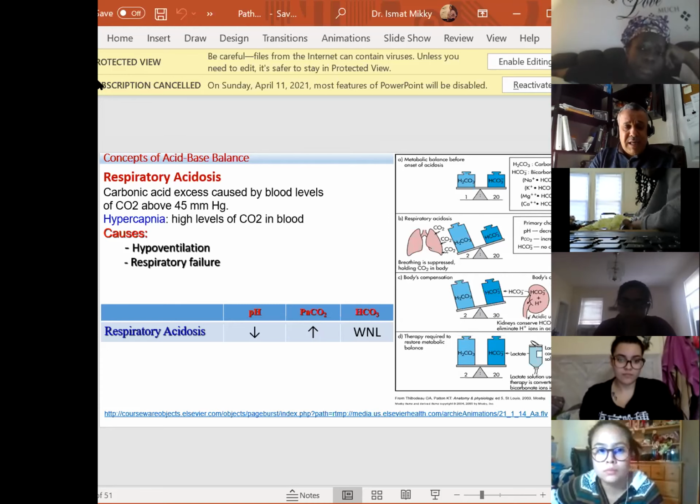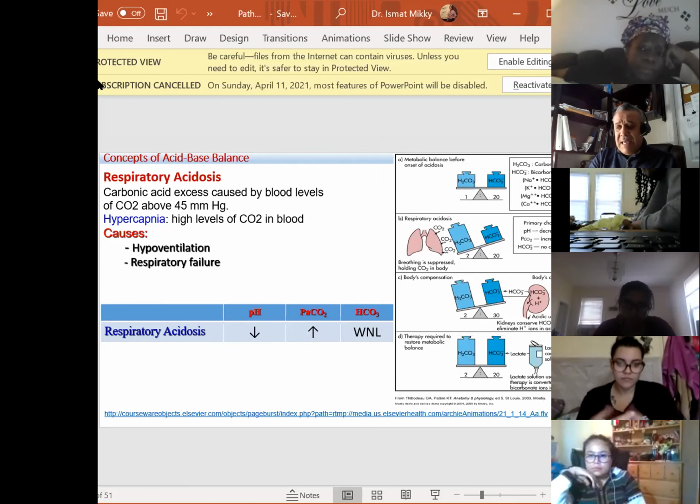So to treat acidosis, you give lactated Ringer's or any solution that contains lactate, because lactate will be converted to bicarb in the liver, and that will be one of the treatments for patients with acidosis, either respiratory or metabolic.